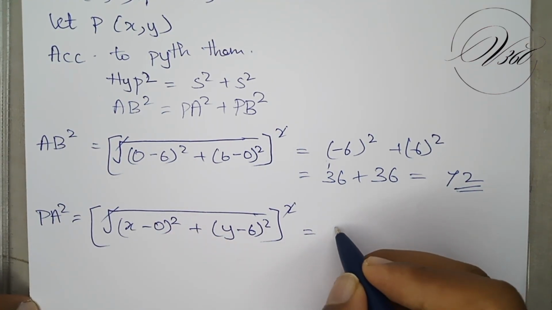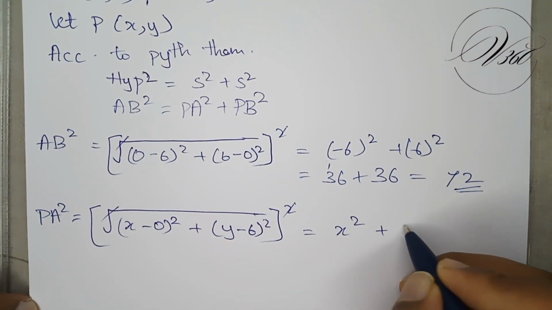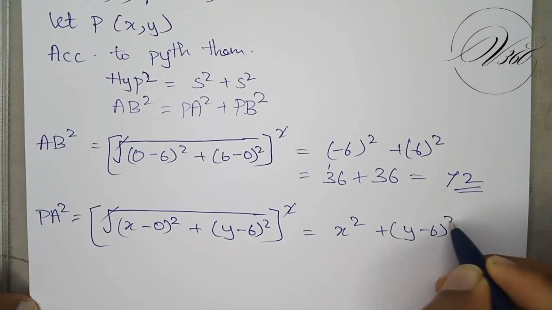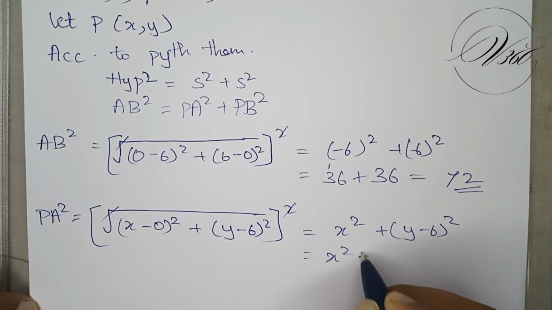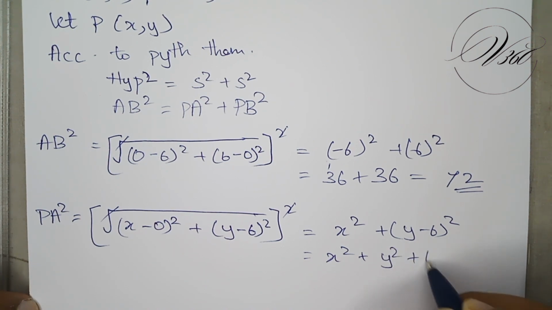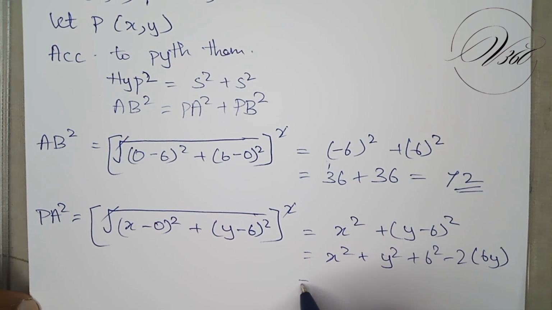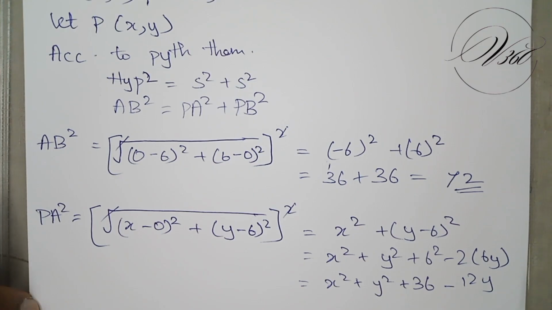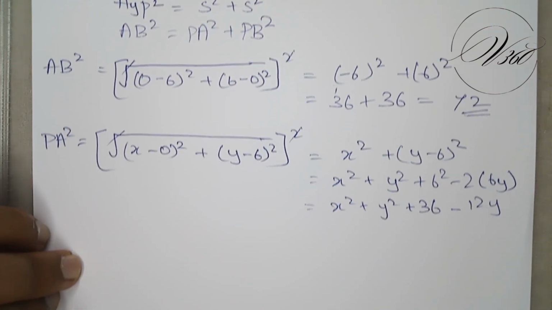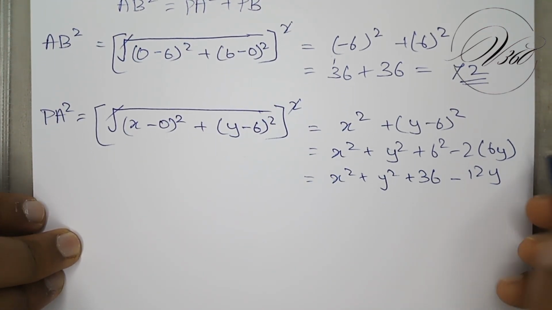Now we'll get x square plus y minus 6 whole square. Applying the a minus b whole square formula, we get y square plus 6 square minus 2 of 6y. Now we get x square plus y square plus 36 minus 12y. Now we have got PA square.